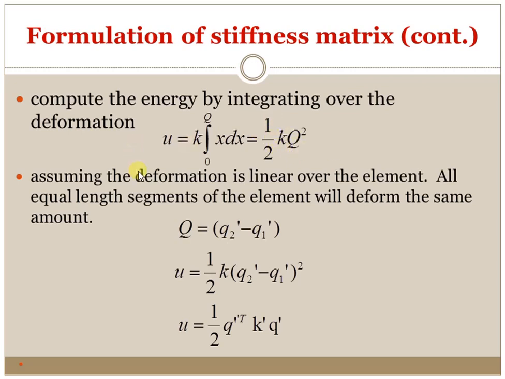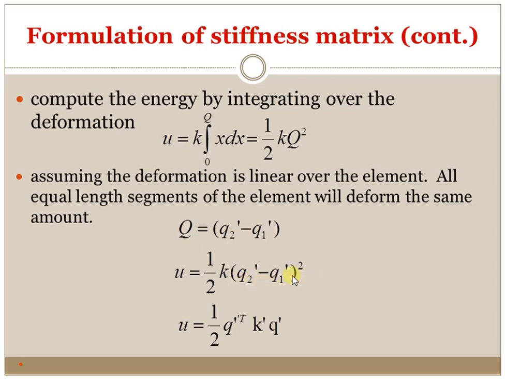Assuming the deformation is linear over the element, all equal length segments of the element will deform the same amount. Therefore, we can write q equal to q2 dash minus q1 dash. We can substitute this in the above equation, so you will get the strain energy u equal to 1 by 2 K times (q2 dash minus q1 dash) square.